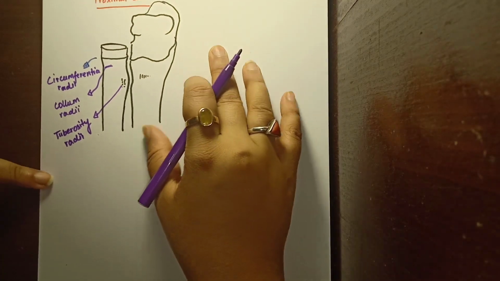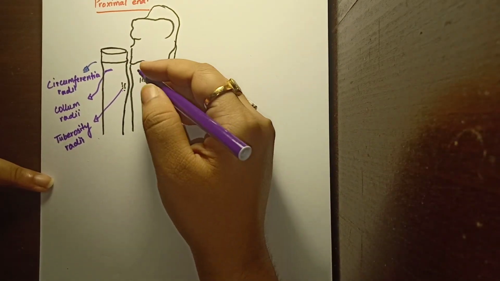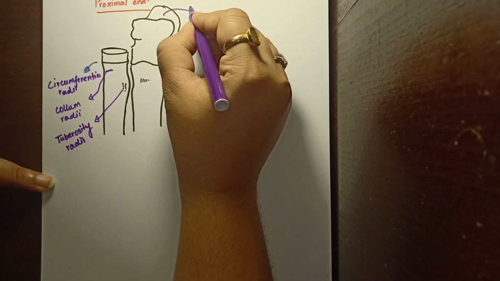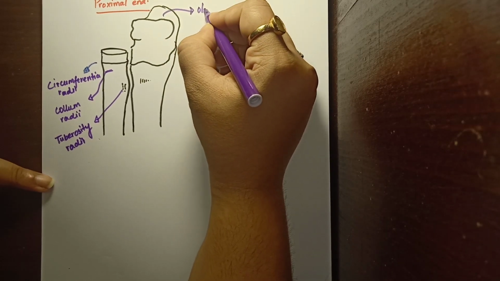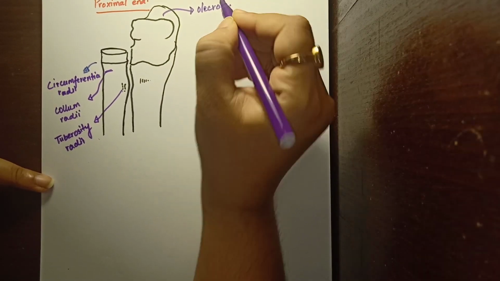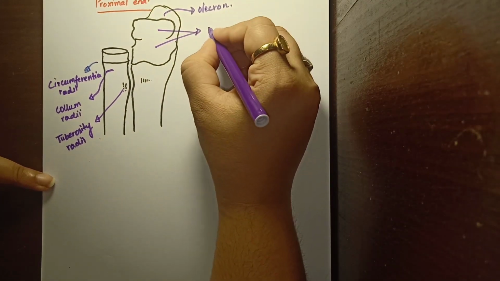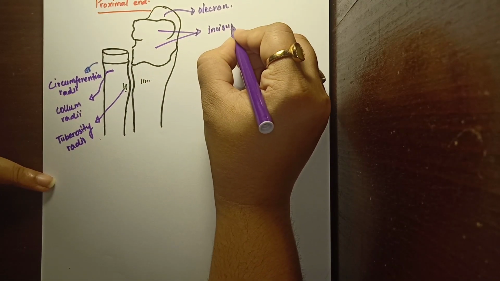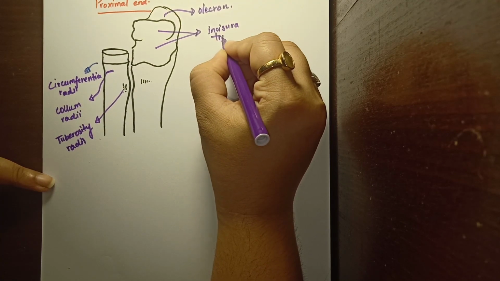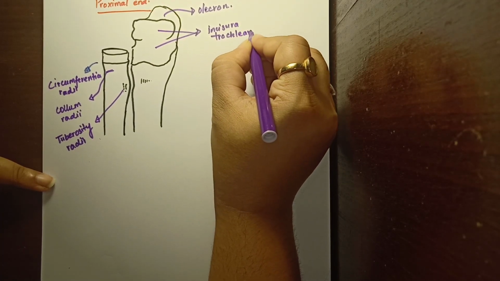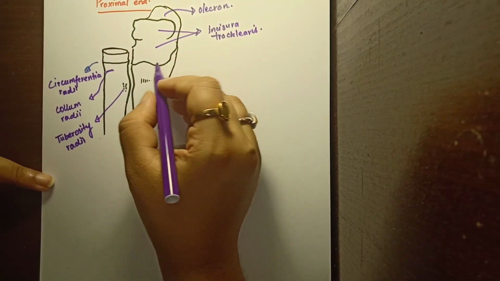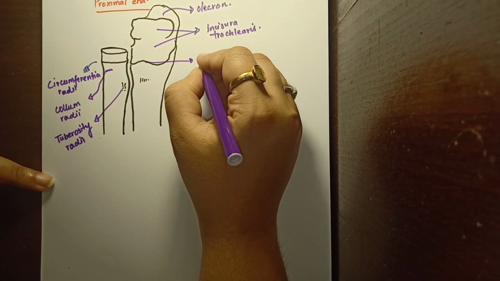Okay, now we will talk about the ulna. So ulna, this part is known as olecranon. This is the incisura trochlearis. This is known as processus coronoideus.